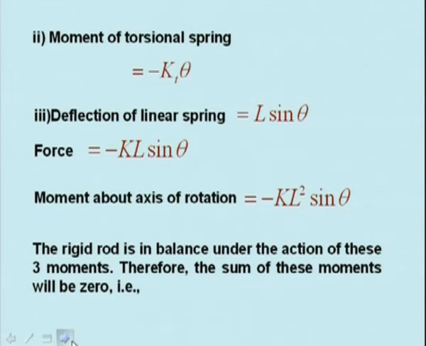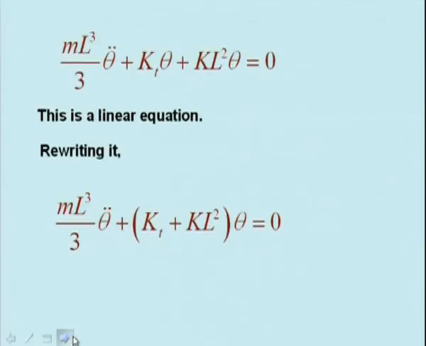Therefore the sum of these moments will be 0 because there is no externally applied load, that is ml square by 3 theta double dot plus Kt times theta plus KL square theta equal to 0. This is a linear equation. That means if alpha is a solution of this and beta is another solution, then c times alpha plus d times beta is also another solution.